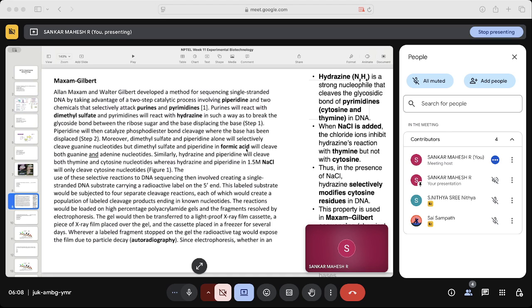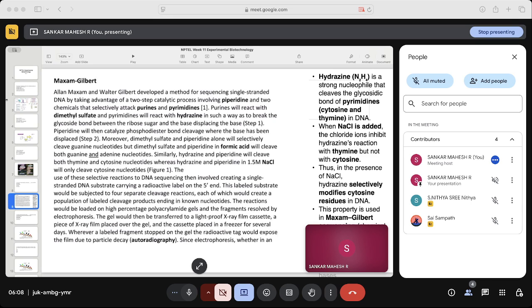And in formic acid, both guanine and adenine nucleotides will be cleaved. If we replace dimethyl sulfate with hydrazine, it will cleave both thymine and cytosine. But when we add NaCl, only cytosine is cleaved. We have a picture of this later.